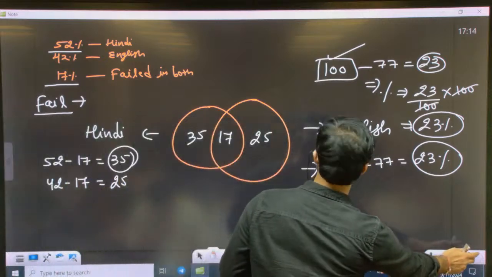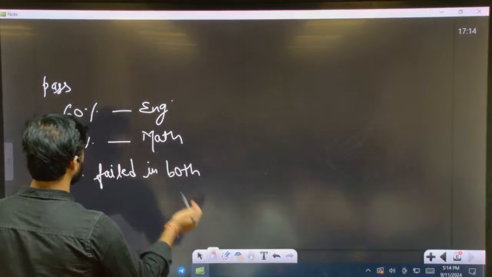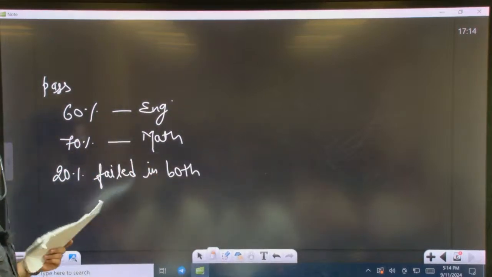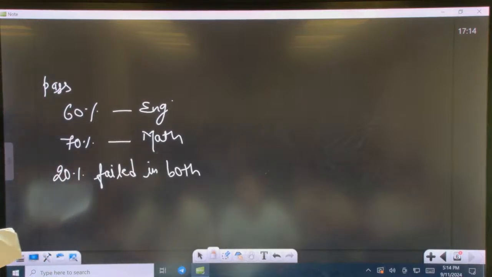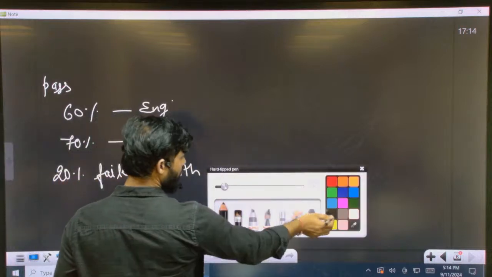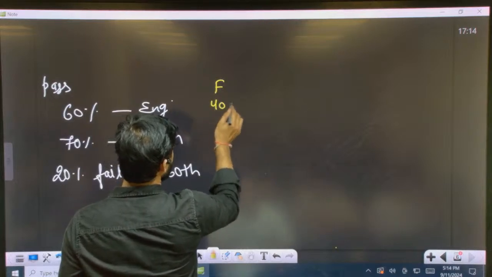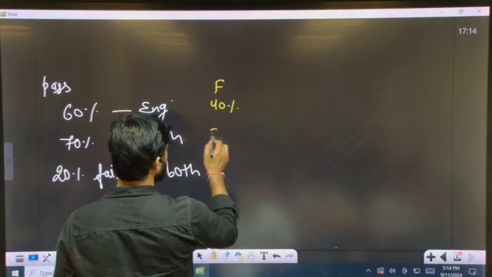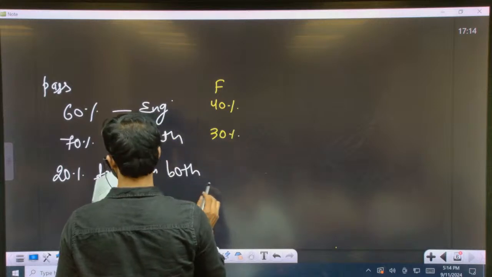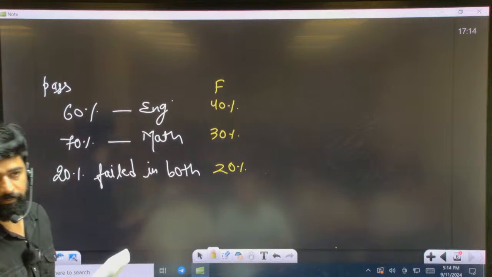Let's arrange the data first. 60% passed in English. So if I subtract the pass in English, then what will be the percentage of fail? 40. Very good. So I can write it like fail in English is 40%, fail in mathematics is 30%, and fail in both is 20%. We can make the circles now.